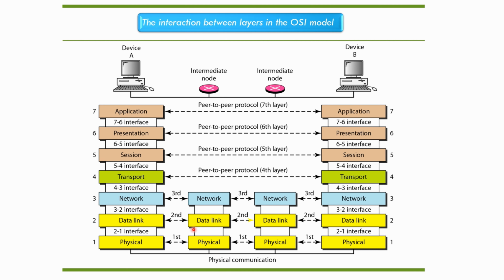It will process the same way, physical to data link and data link to network, and then network to data link to physical again as the packets are communicated onward. So only this kind of communication will go on.